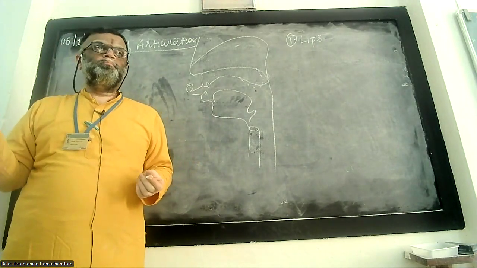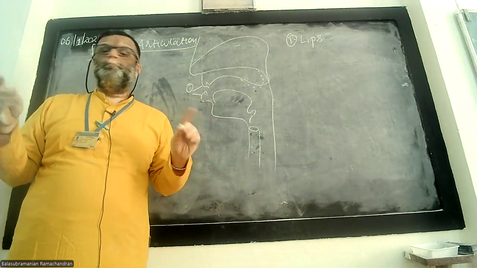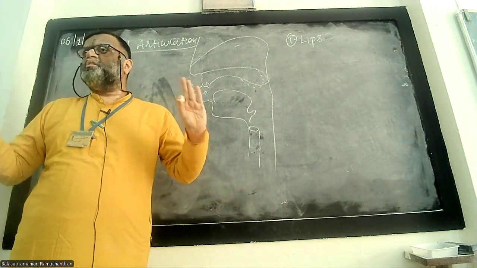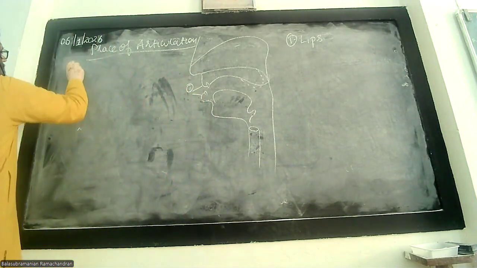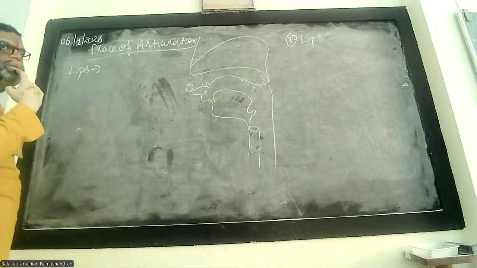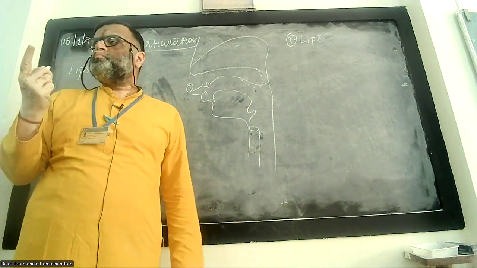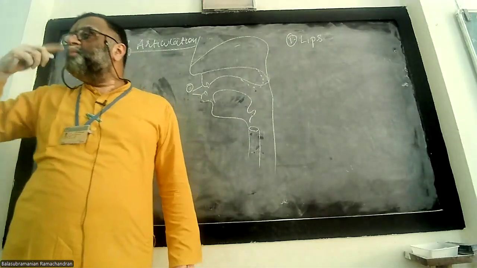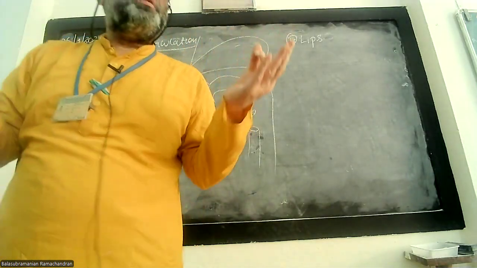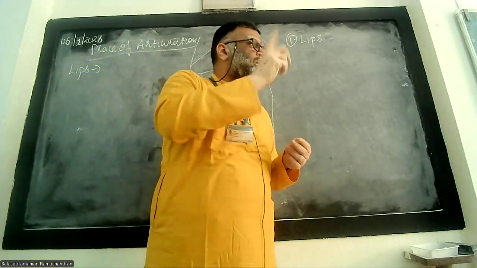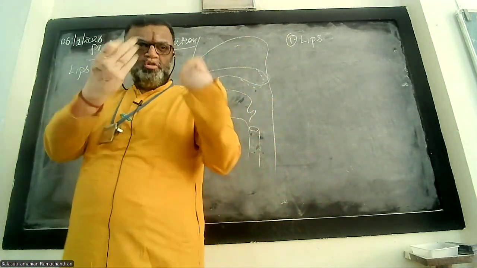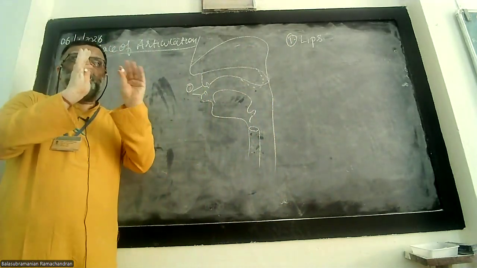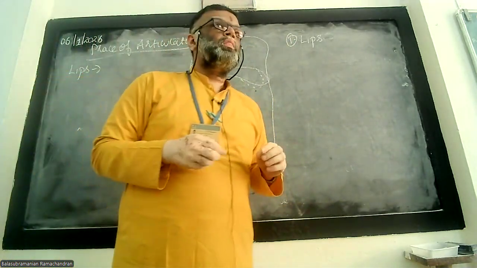Three consonant sounds are produced with the lips. So what will you call it? The two lips are involved. Give it a term. When two lips are involved, what will you call it? Will you say two lips sound? Say it technically, academically.